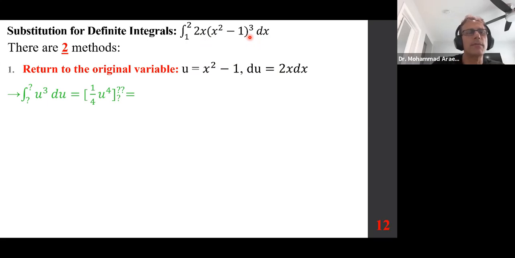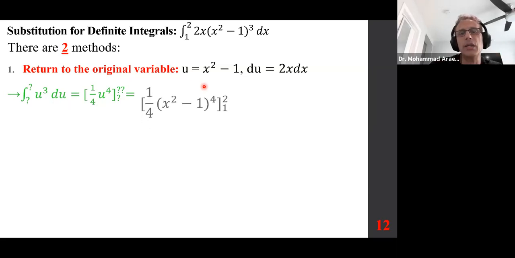Notice what I'm going to do. I'm not going to write the limits 1 and 2 because 1 and 2 pertain to x and not to u. Therefore, I'm going to put a question mark, meaning I don't know. And at this point, I don't care. You get u cubed du, the integral of that is 1/4 u to the power of 4. I don't have a limit. So I'm going to go back to the original u, which is x squared minus 1, original variable x.